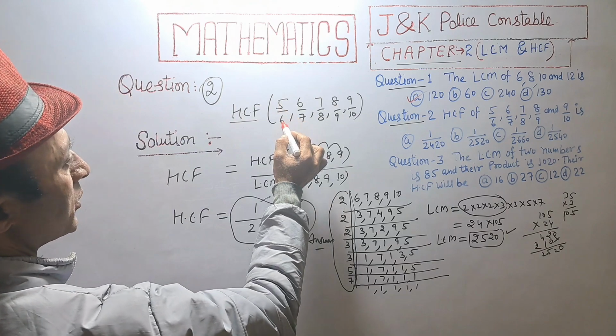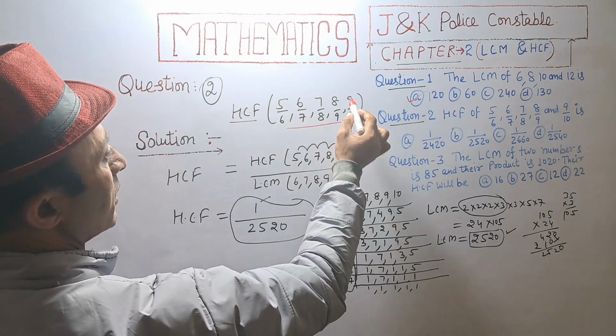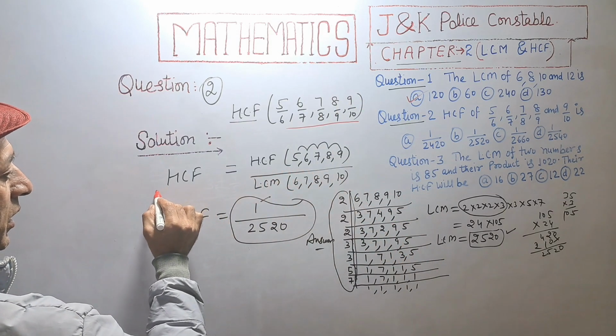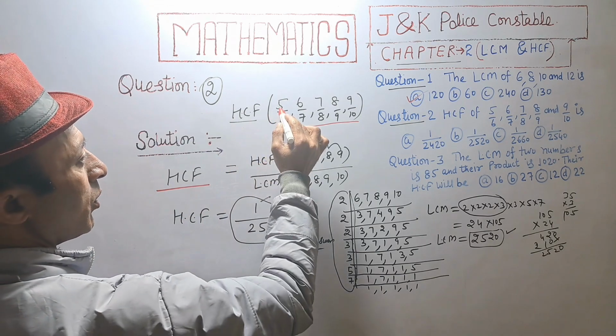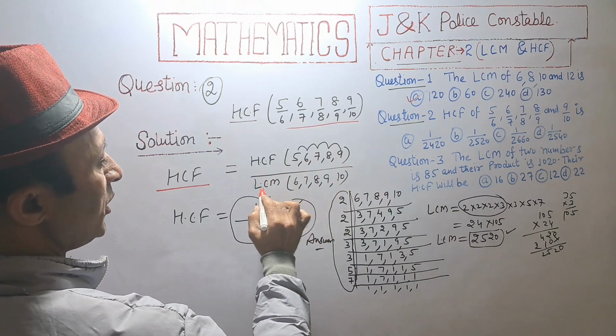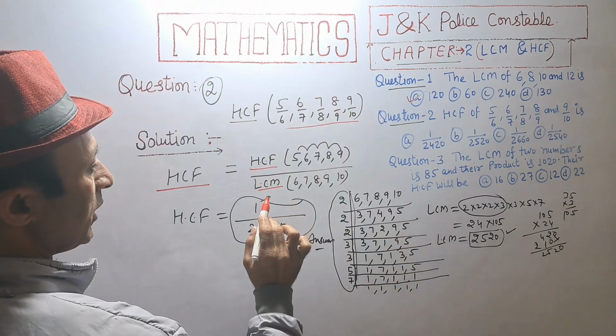HCF of 5 upon 6, 6 upon 7, 7 upon 8, 8 upon 9 and 9 upon 10 is equal to HCF of numerator divided by LCM of denominator.